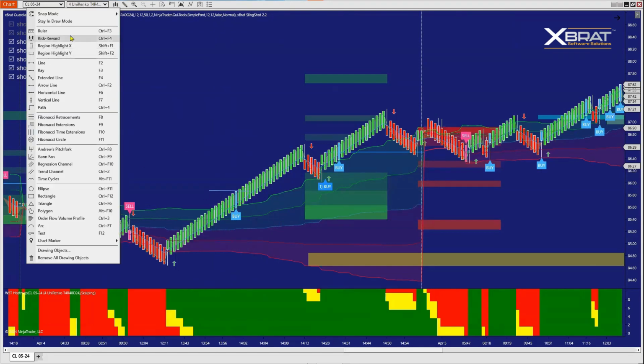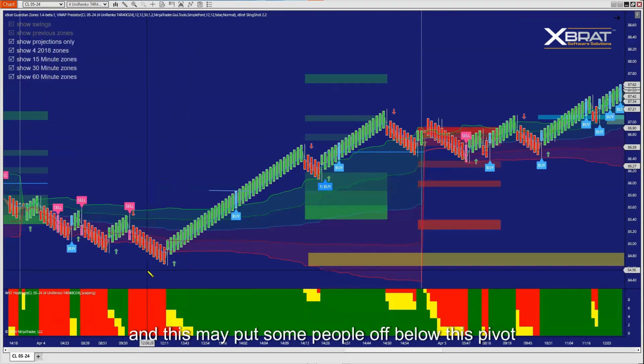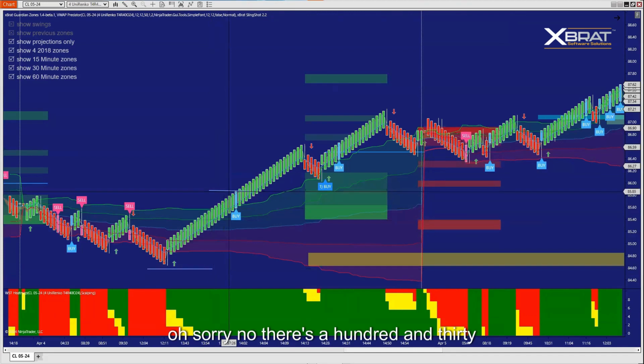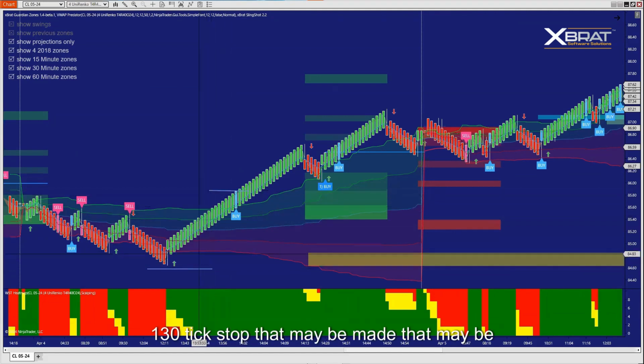Stop. And this may put some people off, below this pivot at 85.58. It's a 30 tick stop. To be honest, that ain't bad. Oh, sorry. No, there's a 130 tick stop. Let's get this right. 84.58, 85.88. Yeah, it's a 130 tick stop.